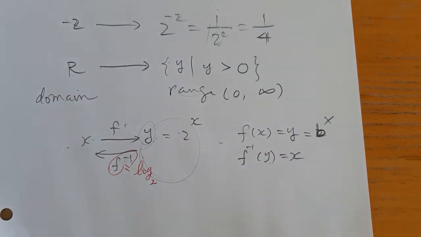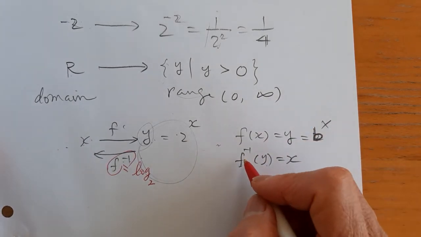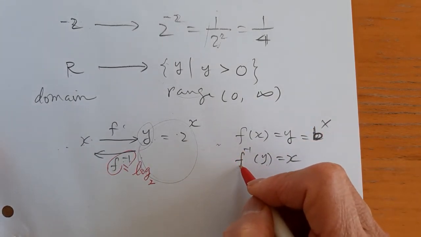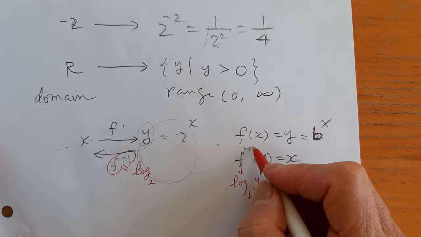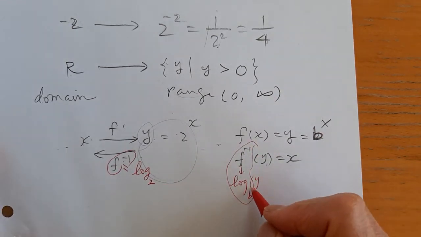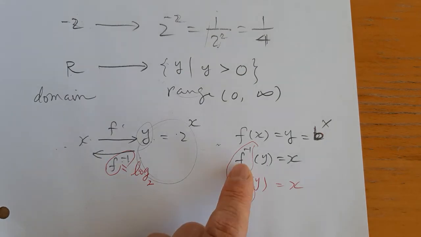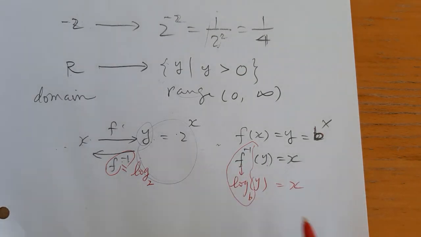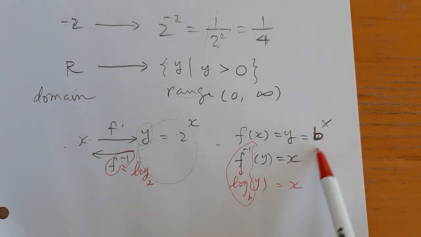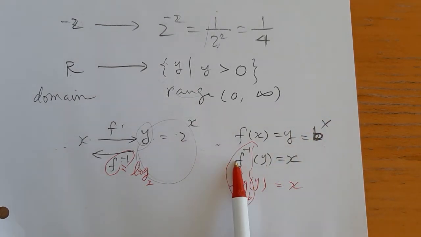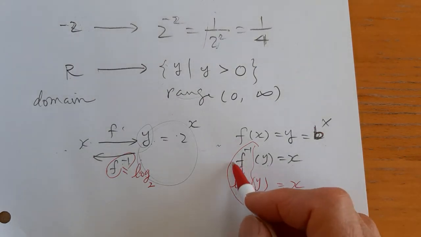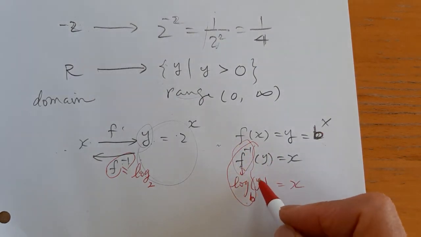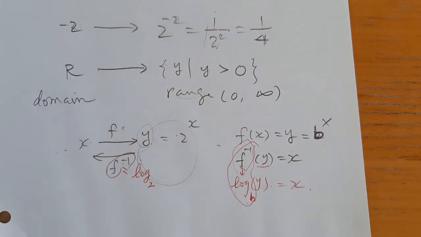If you put a b, then this f inverse gets the specific name log b of y, and log b of y equals x. We give the inverse of the exponential function a specific notation, log base, with this b put at the footer of the log. So f inverse becomes log base b of y equals x.